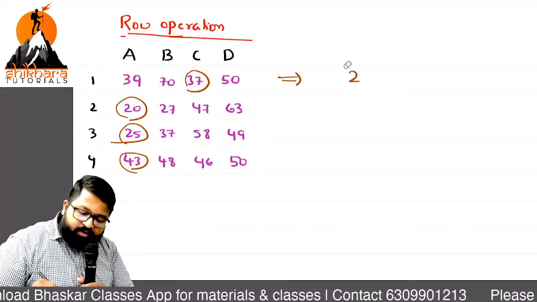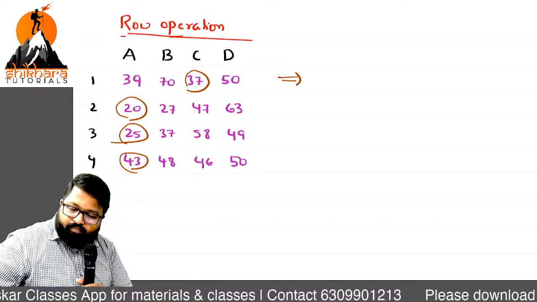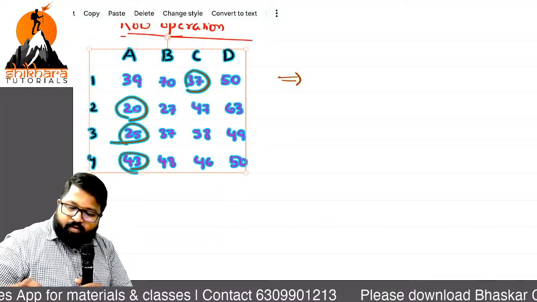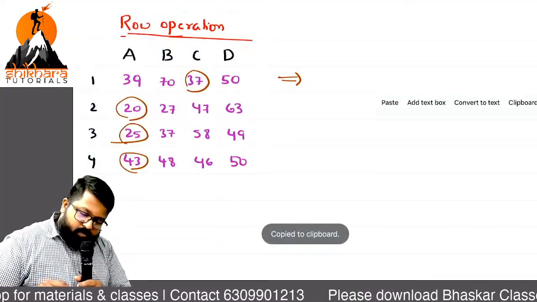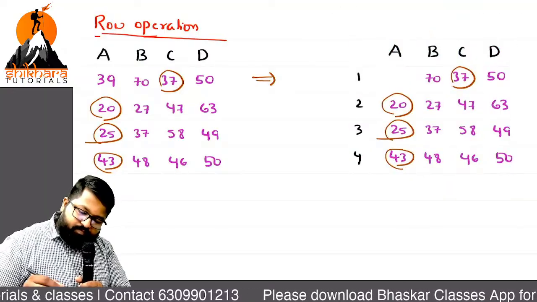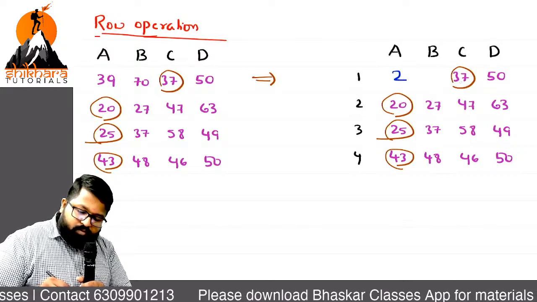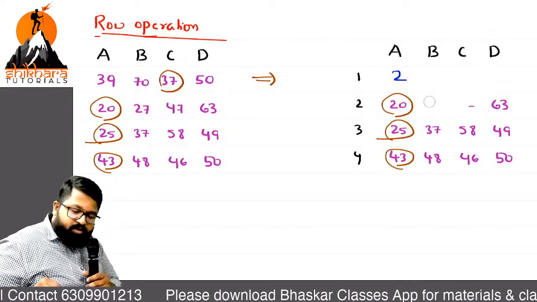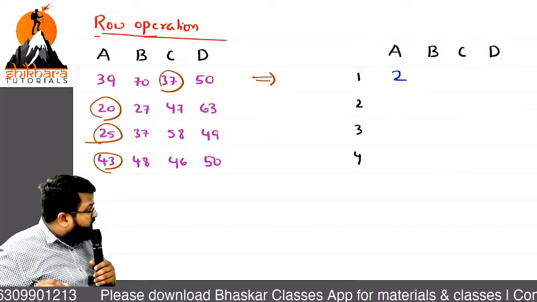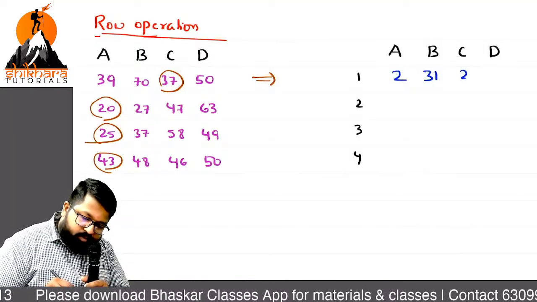What is the new matrix, ma? What is the next number there? So finally, what are the matrix there, ma? New numbers.